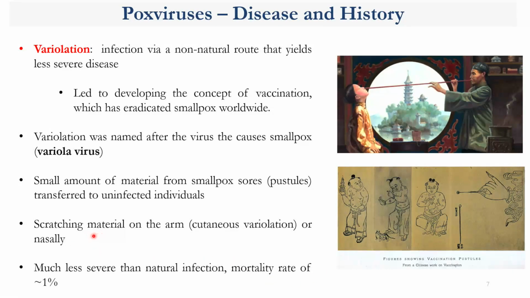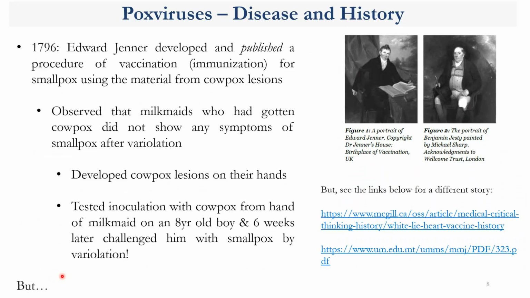So you could scratch the material on their arms. So this is called cutaneous variolation, or you give it nasally. Okay. And this infection, because it's a non-natural route, is much less severe than the natural infection. And the mortality rate in this case is about 1%, okay? So it was fairly successful.